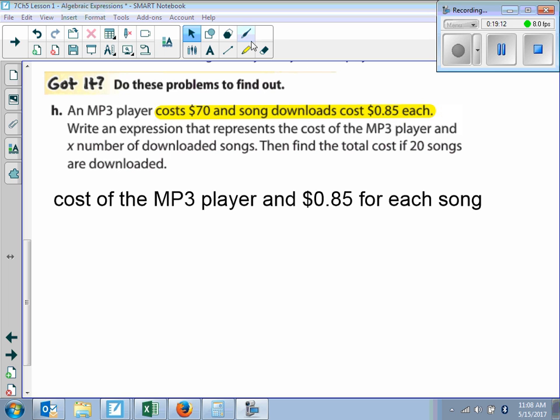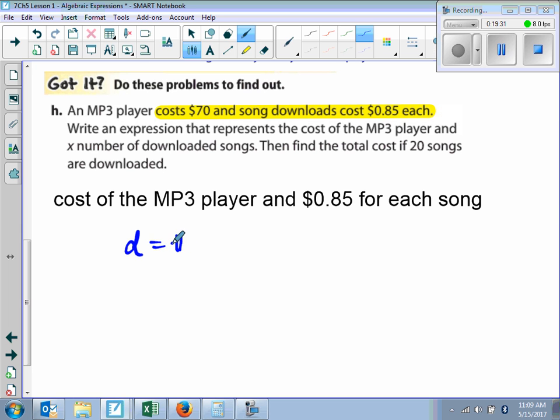Now, we want to define our variable. What is it that we don't know here? So, we don't know how many songs there are. So let's say D for downloads is going to be the number of songs. Okay? So there we defined our variable, and now we can write our expression.